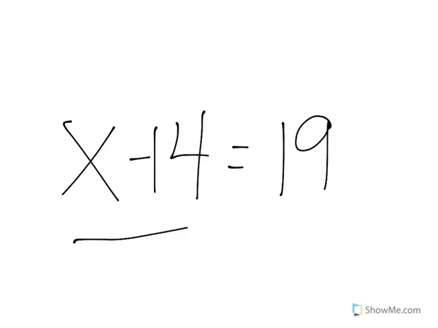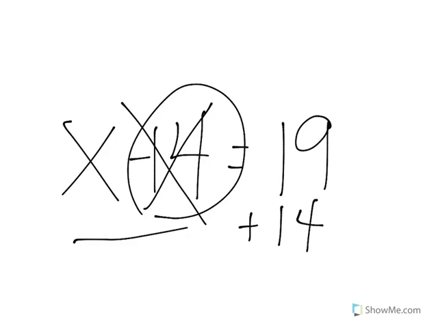So I'm just going to x that out and ignore that, and I know that what I'm going to do here is add 14 to both sides, and that'll just cross this one out, and all I'm going to do is add over here. So look at this, and since it's not minus 14 on one side, we're going to do the opposite to the other side. So we're going to do plus 14 over here, so our answer would be 33.